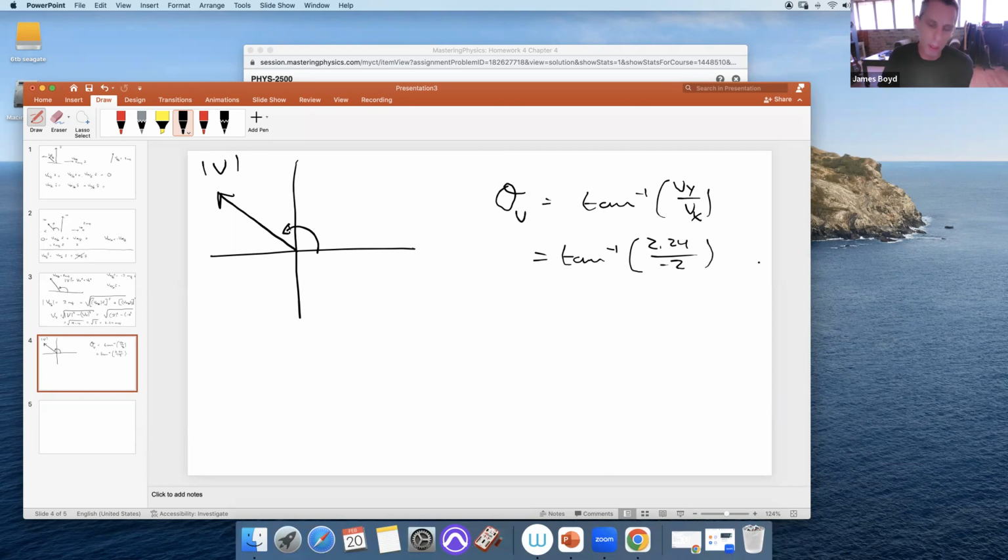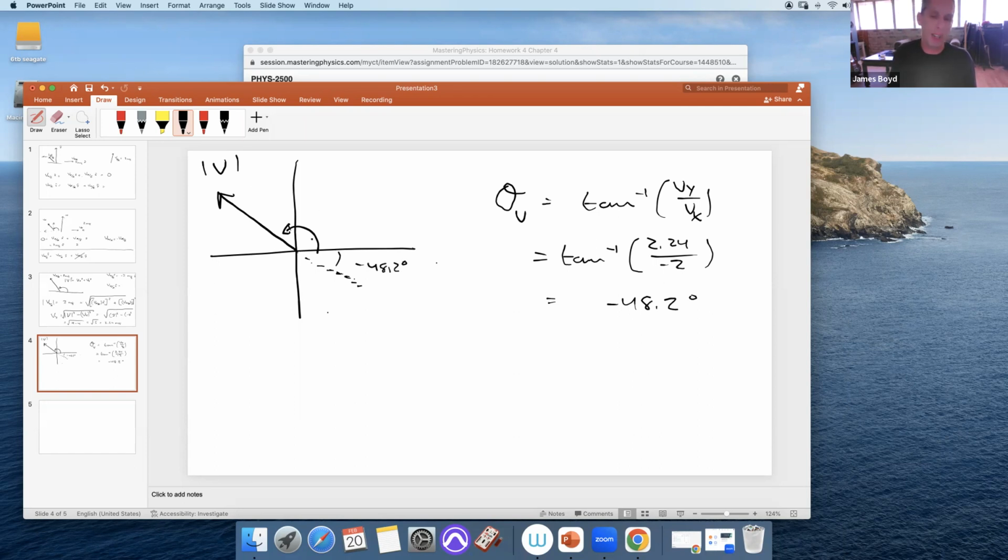That negative is going to be important because our calculator is actually going to give us a bad angle. It's going to give us an angle between 90 and -90, and we actually need it to be somewhere between 90 and 180. So arctan of 2.24 divided by -2 is -48.2 degrees. That's down here somewhere.